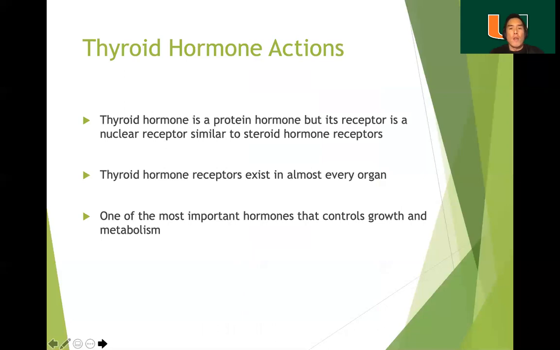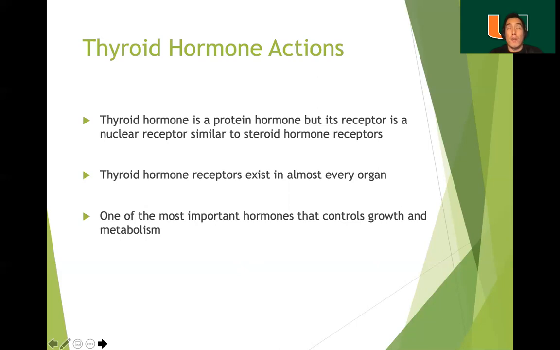Thyroid hormone is a protein hormone, but its receptor is a nuclear receptor, similar to steroid hormone receptors. We talked about cortisol or aldosterone, those are steroid hormones. Thyroid is the only protein hormone that doesn't bind to a surface receptor, but instead binds to a nuclear receptor.